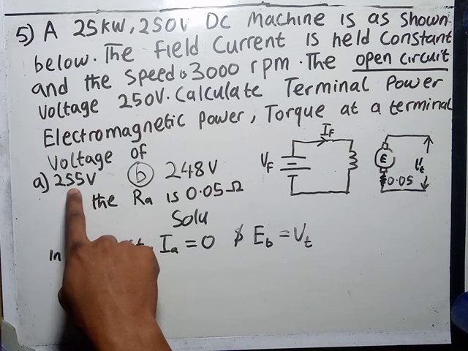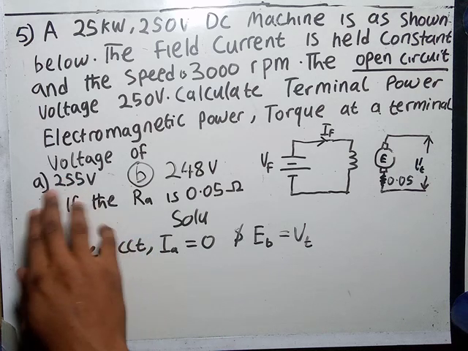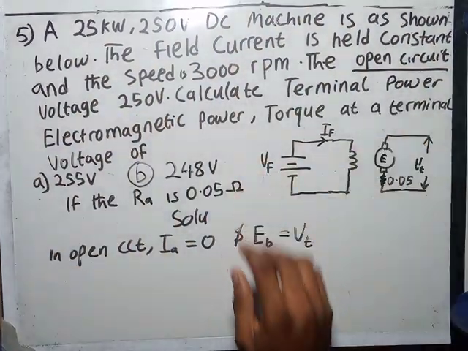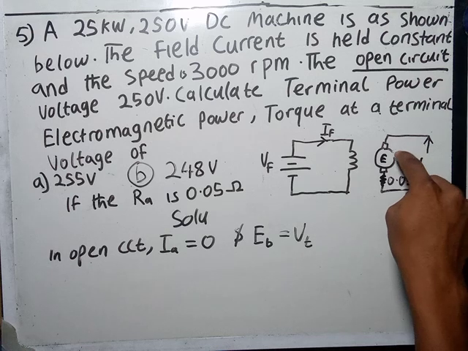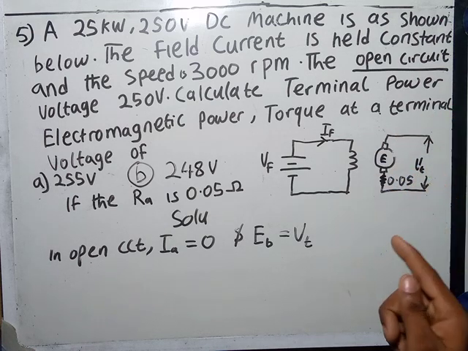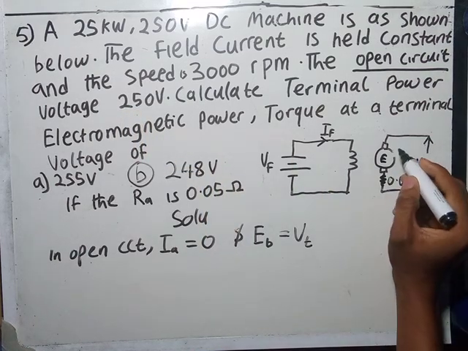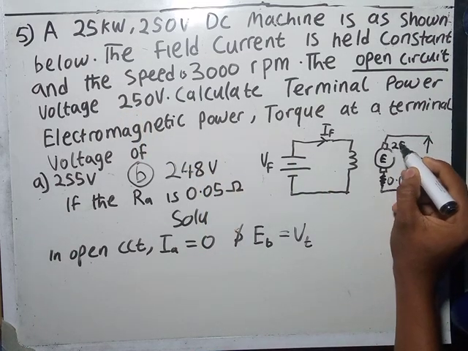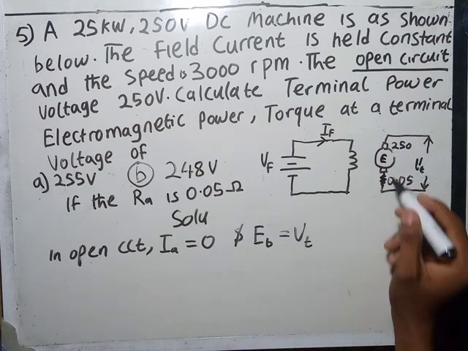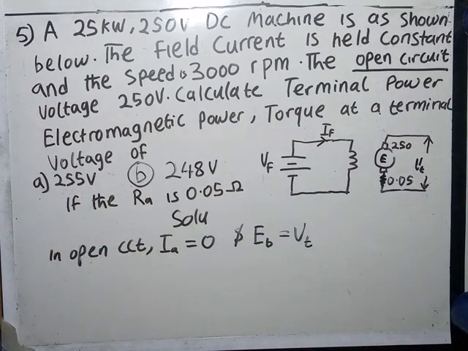So using this, we are meant to find our armature current, but from the whole story, what we are able to get is that the actual value of the EB generated or the back EMF is 250. This is the one that didn't change. EB is equal to 250. But VT is now changing to 255.